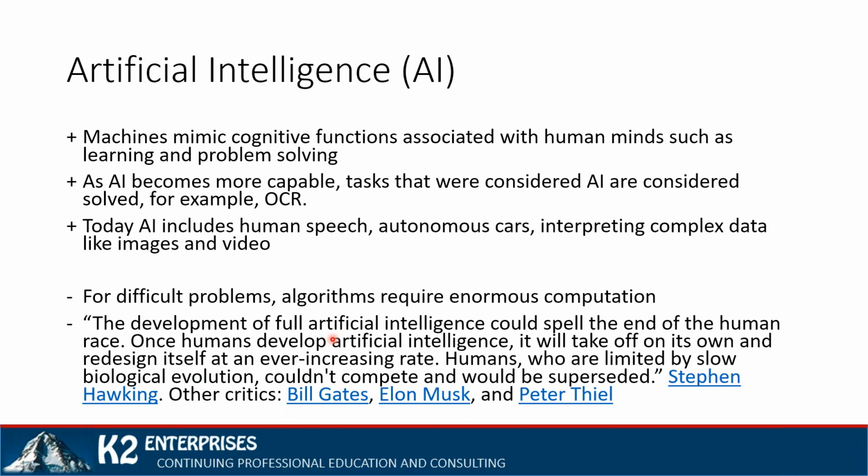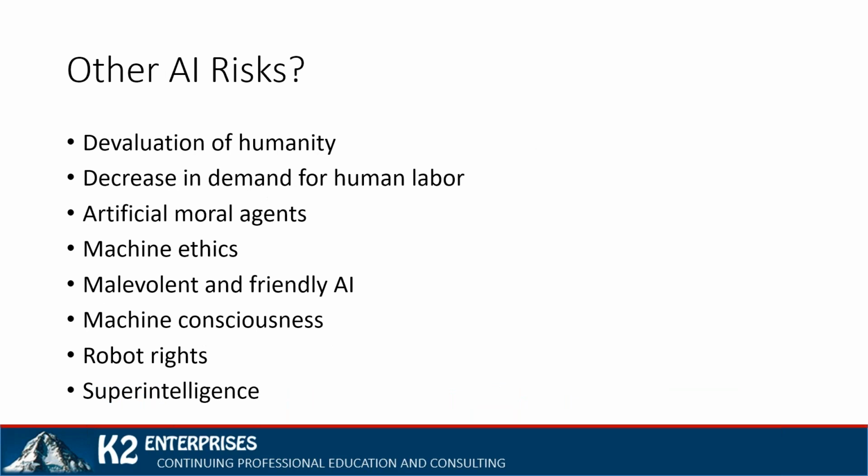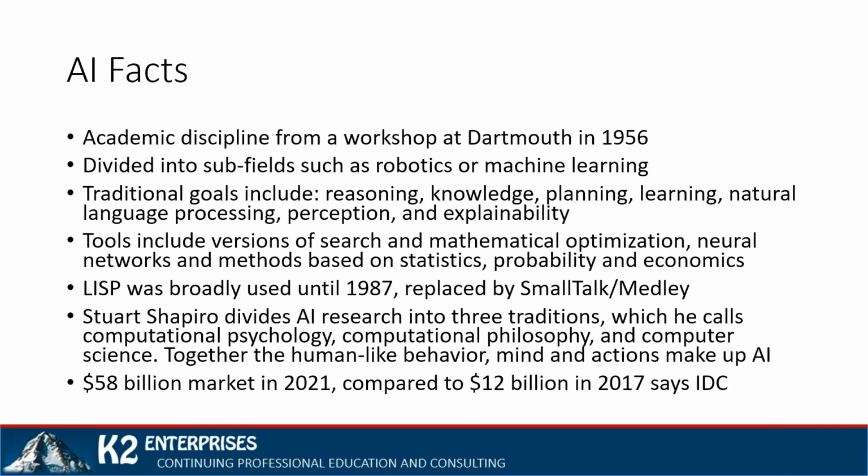So when the machines start being able to make their own decisions, who's to say when they have to stop? If you think back to the 737 MAX, we don't want to get in a situation where the machines get too far ahead of the humans. We also have a lot of risks for devaluation of humanity, robot rights and superintelligence, just a lot of different things to look at.